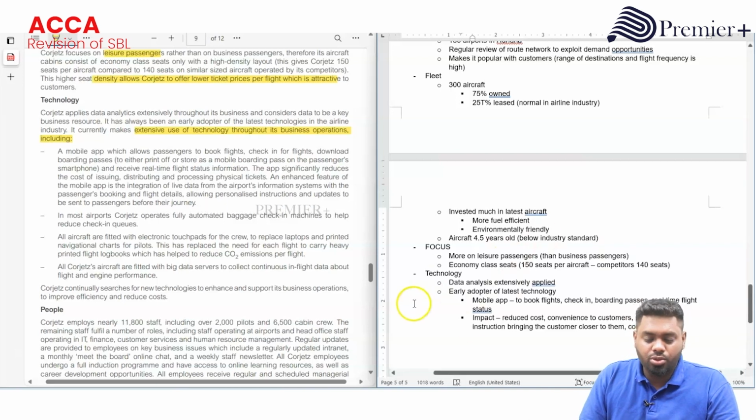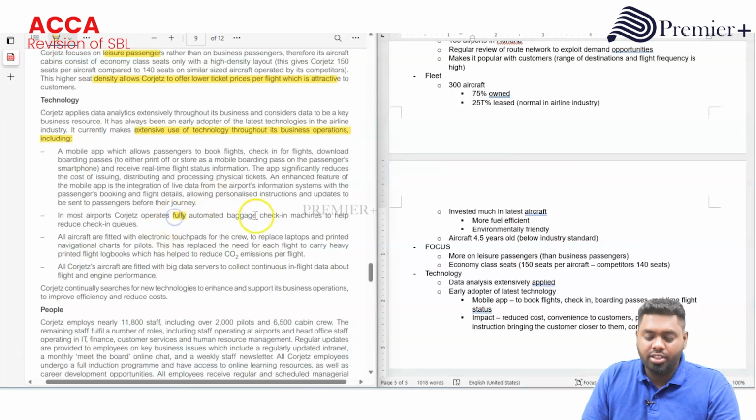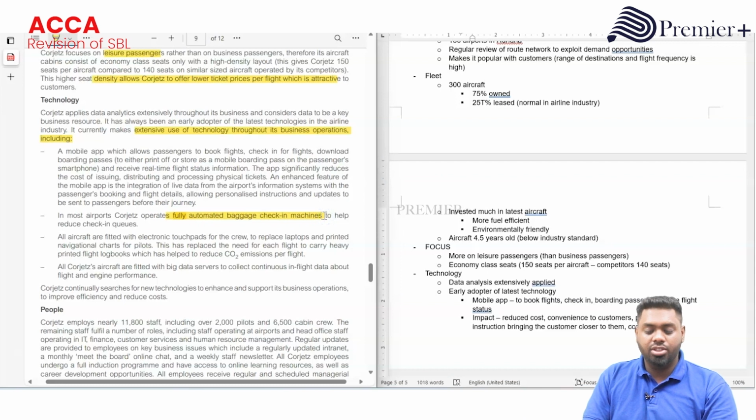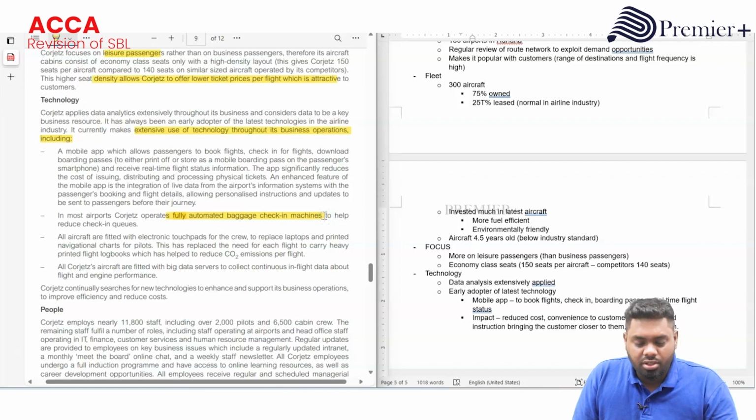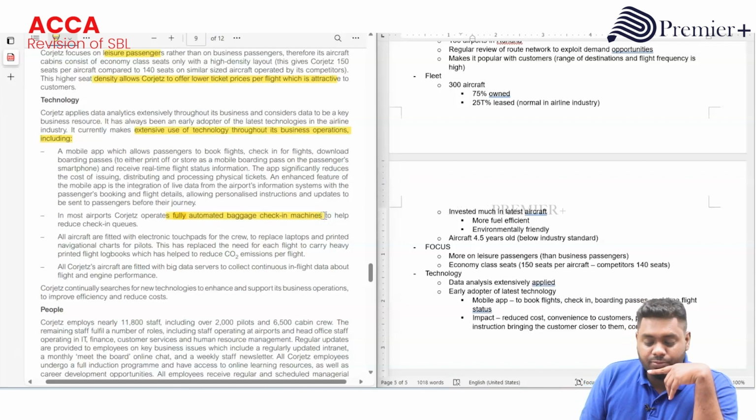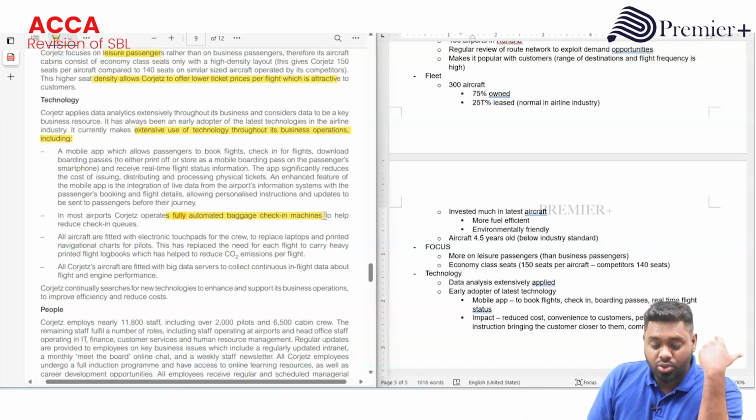In most airports, Cojet operates fully automated baggage check-in machines to help reduce check-in queues. All aircraft are fitted with electronic touchpads for the crew to replace laptops and printed navigational charts for pilots.